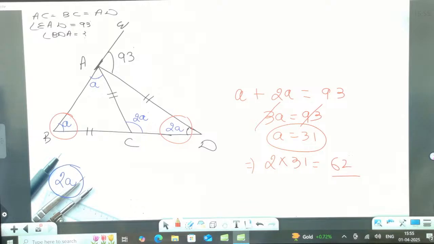Done. Find out the sum of the exterior angles now. Good. 360 degrees is the right answer.